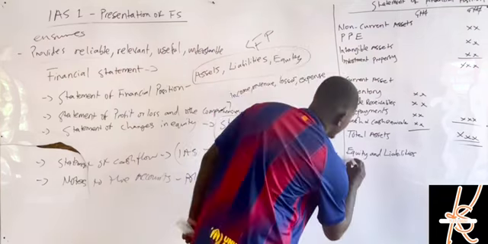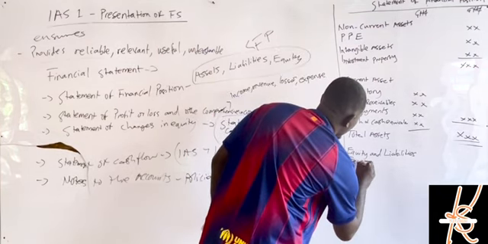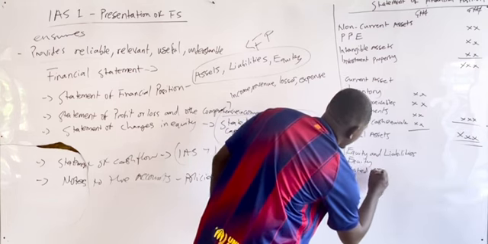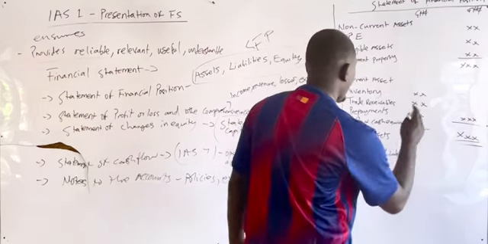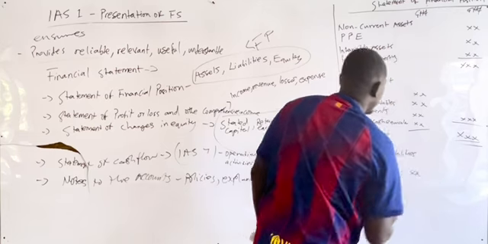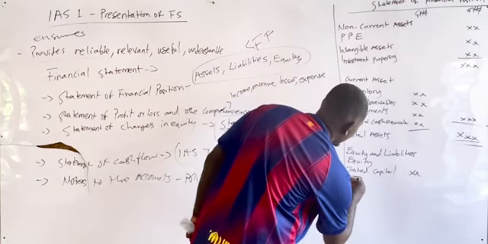So first we come with the equity. So equity, we have stated capital. We have our stated capital here. It will be here like this. We have our retained earnings here.